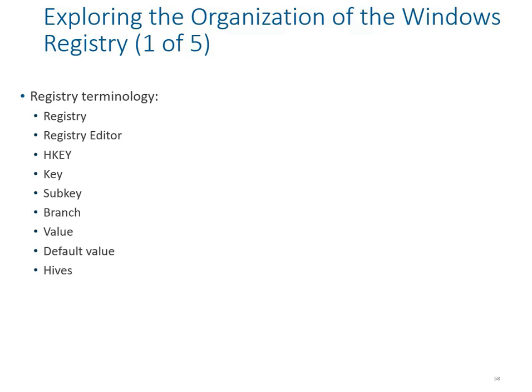A key: each HKEY contains folders referred to as keys. A subkey is a key displayed under another key, similar to a subfolder in Windows File Explorer. A branch is a key whose contents include subkeys and make up a bunch of registry entries.